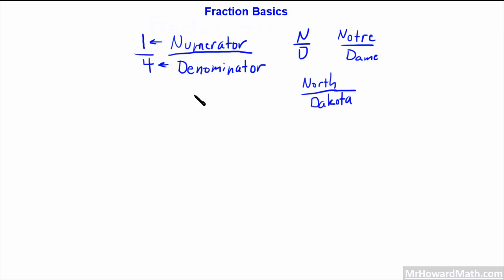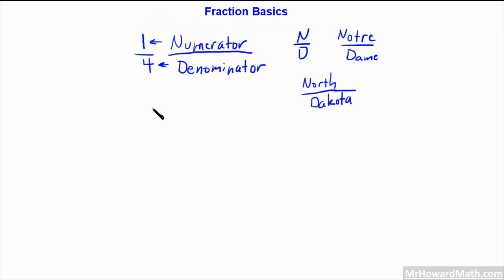So let's talk about exactly what each part means. We can start by looking at the denominator. The denominator actually means the number of pieces that the whole is split into.